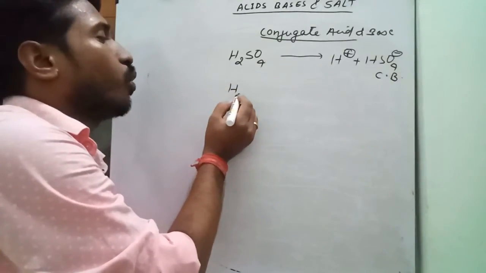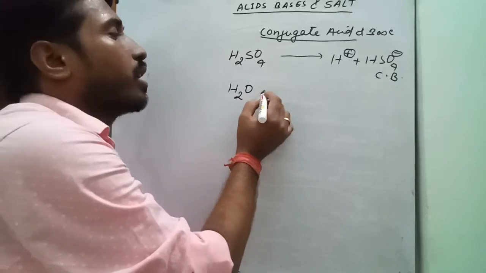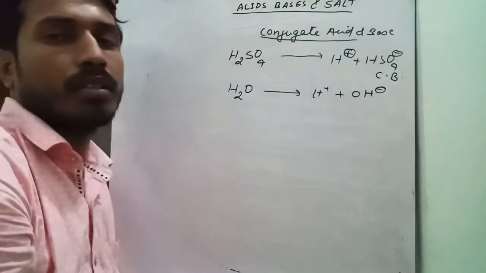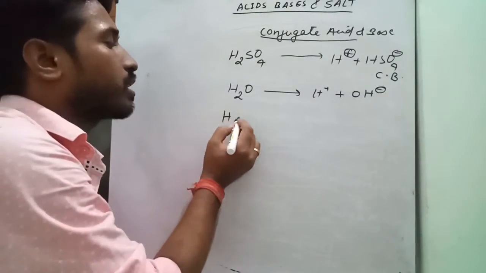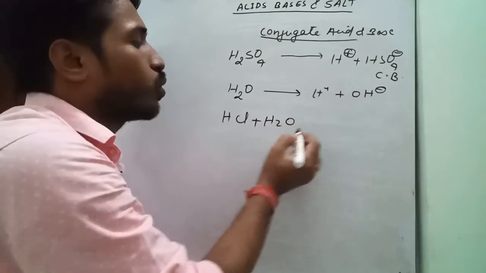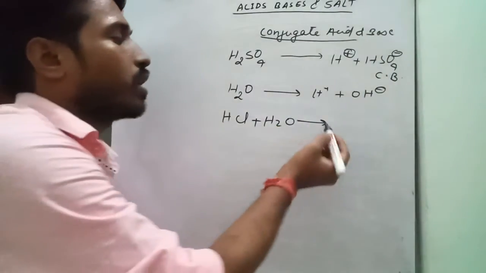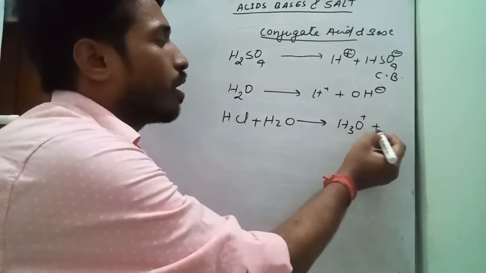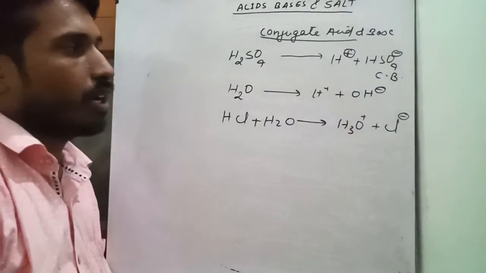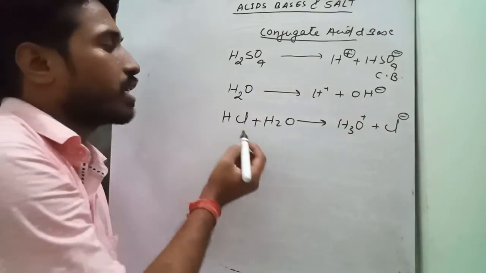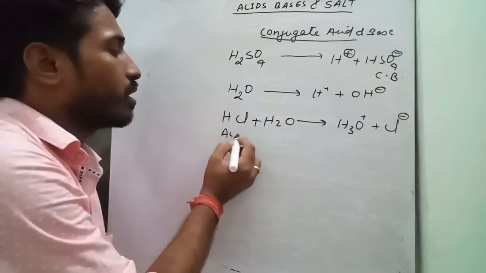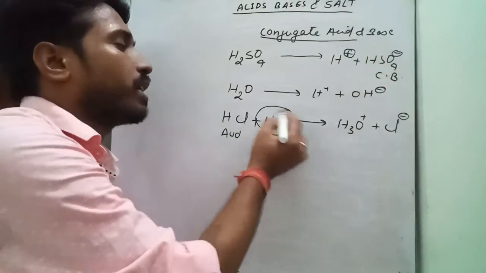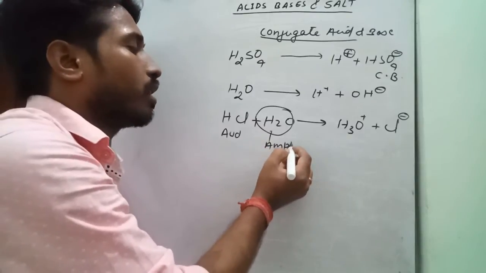Similarly, if we take water, H2O, here we'll have H+ plus OH-. Similarly, one more example, let us suppose HCl plus H2O, then we will get H3O+ plus Cl-. Here this is an acid and this will act as a base. Water is amphoteric.